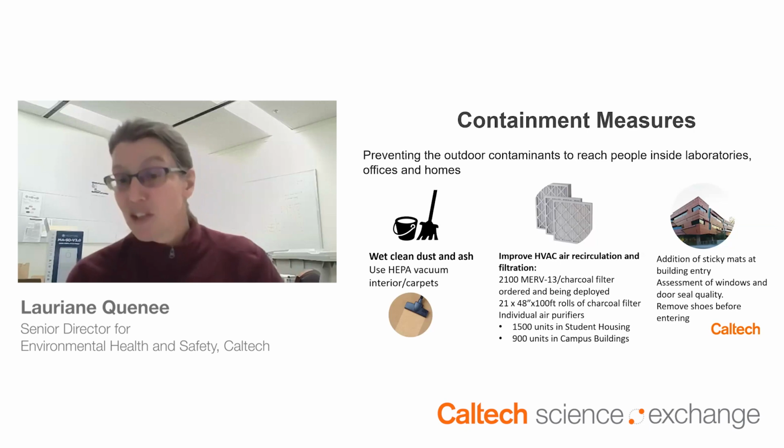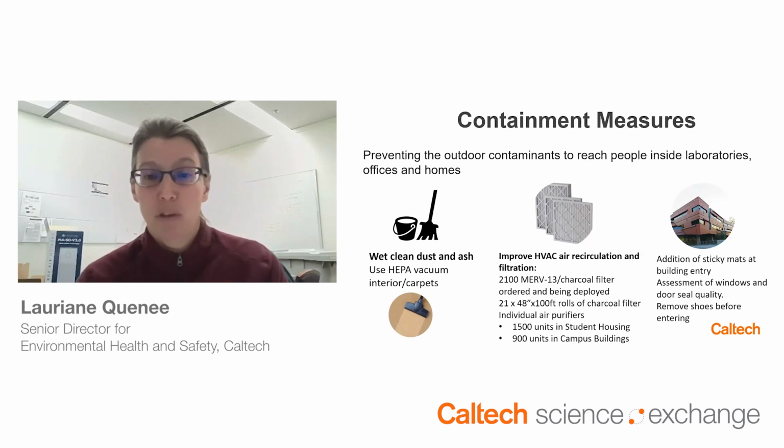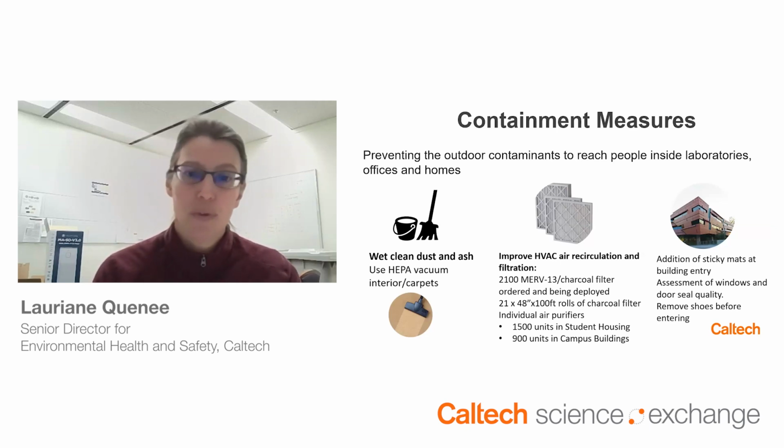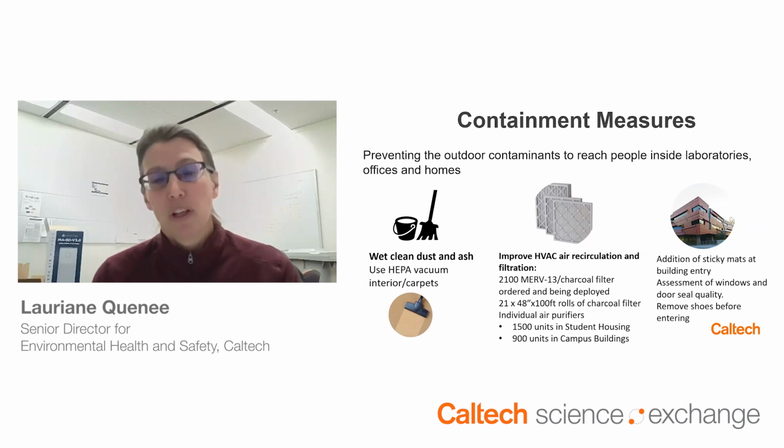Other types of administrative control that we've put in place in our high trafficked areas are adding sticky mats that prevent people from dragging contaminants through their shoes inside the building. We're looking also at assessing our windows and our doors for seal quality.